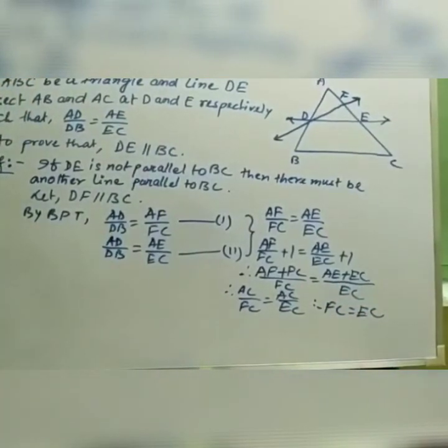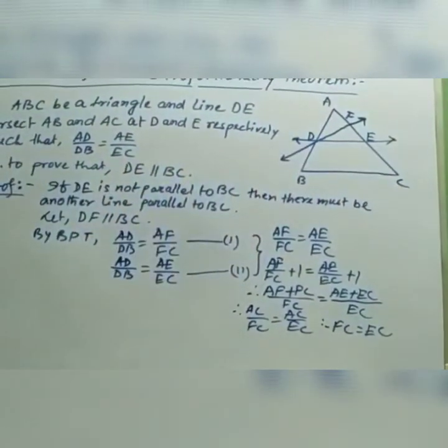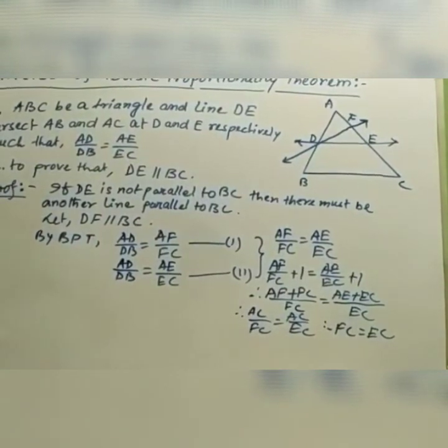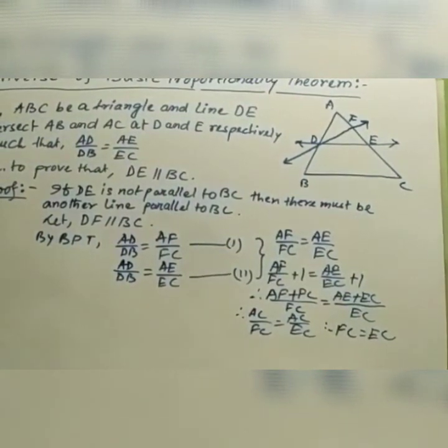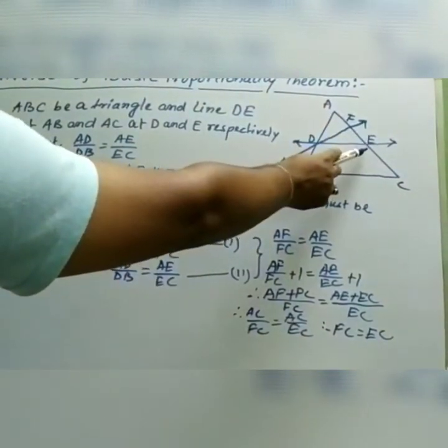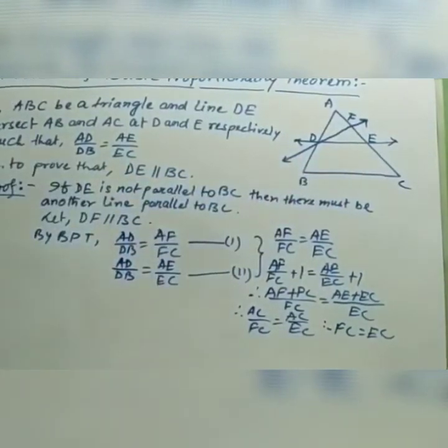So you can see that the parts FC and EC are equal, and this is only possible when E and F are the same point. That means E and F coincide.